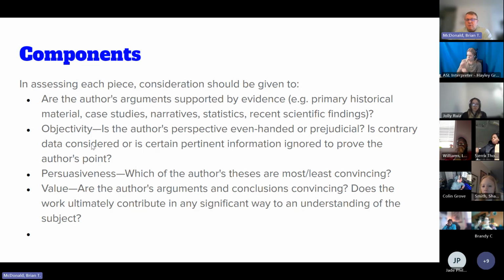Don't spend a lot of time on it if it's not something you can use to help support your research question or your thesis. Remember, a thesis cannot be a question. A thesis is a statement you're trying to prove. So I want to go back to that first bullet point, which I think might be the most important on this slide. Even though I like value, looking at what the author is saying and whether that is going to be supportive of your question or your thesis is key.